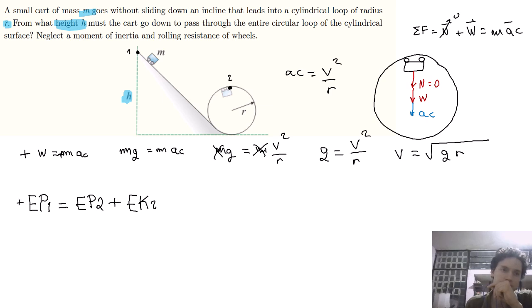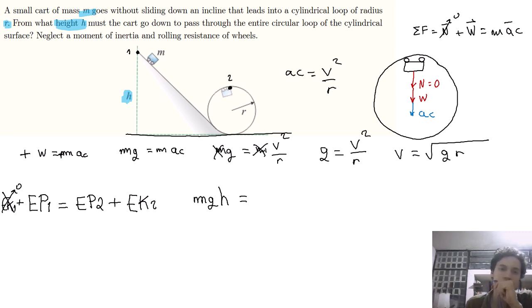And here we can also put the kinetic energy at point 1, but this will be 0 because at this point there is no movement. So let's put in the formulas for potential energy and kinetic energy. Potential energy is mass times gravity times the height. If this is our reference base, the distance from here to here is the height, and that height is h, which is what we're looking for.